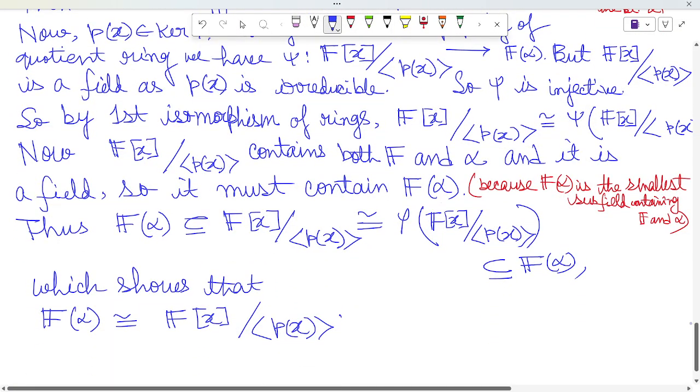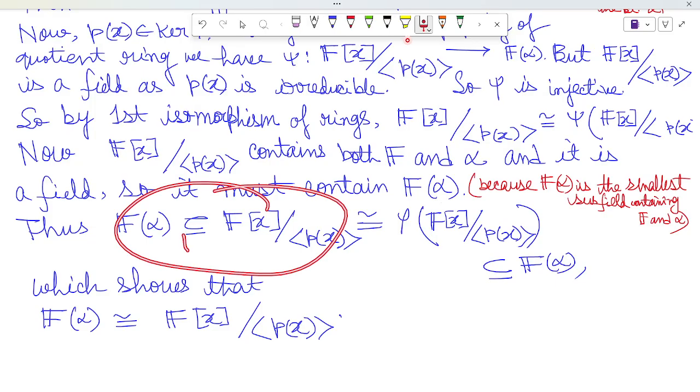It is a field homomorphism, so injective. Now F(alpha) is the smallest subfield, and you use that. We are given that K contains alpha, otherwise the inclusion would not be possible.